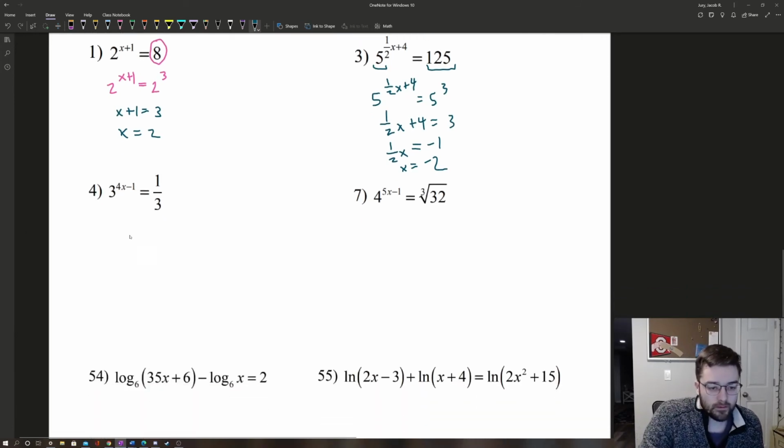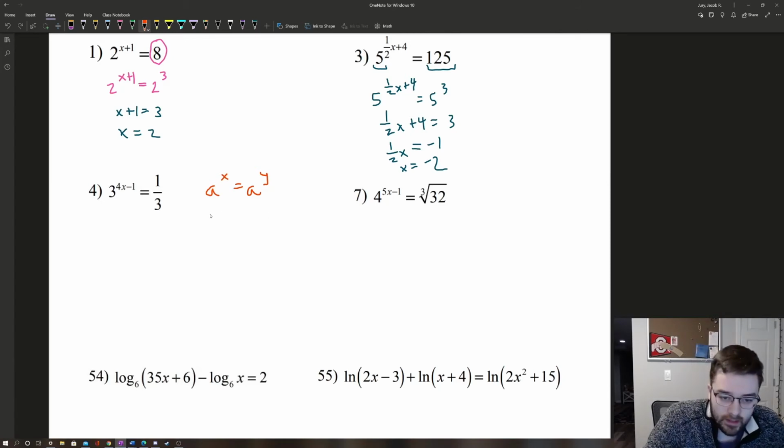For number 4, we have a little bit of a strange situation on this one because I see the same base, 3 and 3, but that right 3 is in the denominator. So how do we make this look like, because we prefer, if we want to be really technical about it, we prefer to have a to the x equals a to the y.